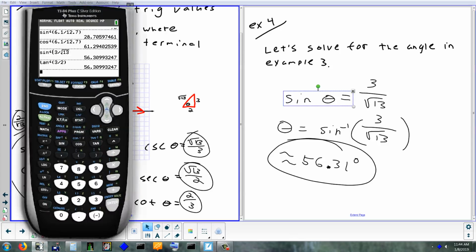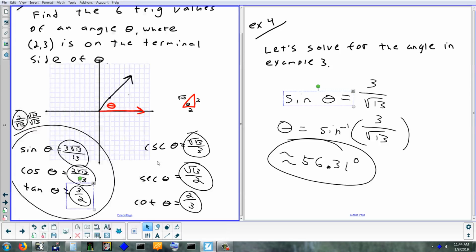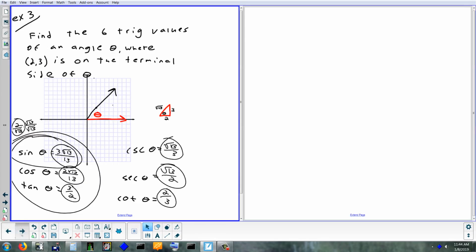So what I'm trying to show you is when you want to solve for the angle, it doesn't matter which trig function you use. If you've written them correctly, they all work. Which one do I think is the best one to use? Inverse sine. There's reasons why. Okay, I would stick with that one. Right? And if you did inverse cosine, you'd get 56.31 again.